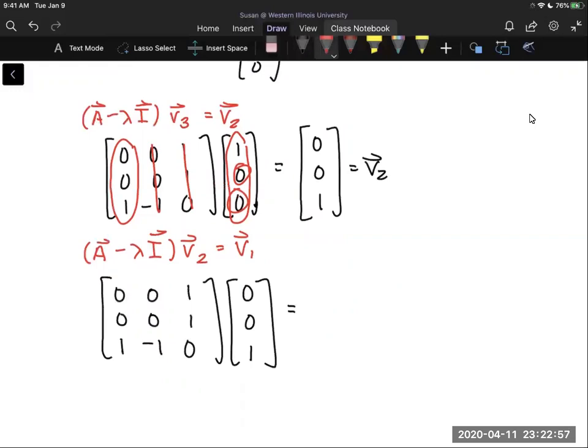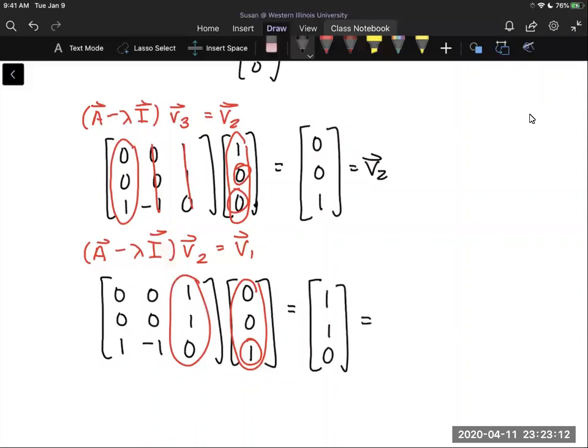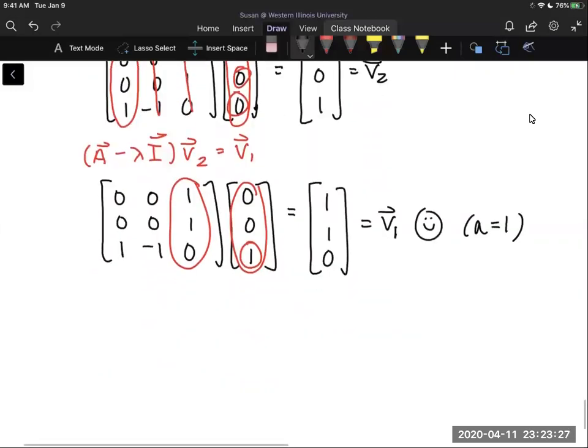And similar thing here, because I have 2 zeros and then a single 1 in the bottom row, that's just going to pick off my last column. So this becomes 1, 1, 0. This merits another smiley face because this fits with our generalization of V1 specifically for a equals 1.